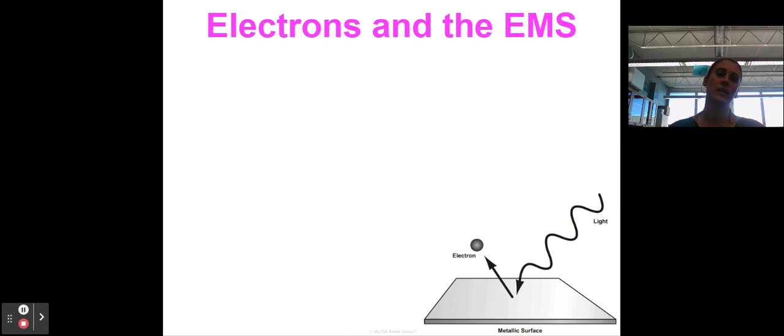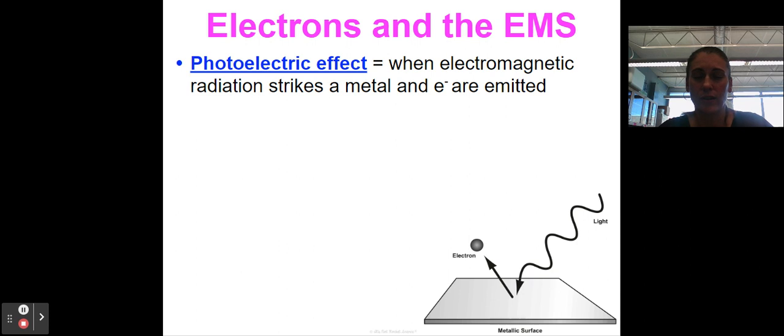All right, electrons and the EMS. So how does this have to do with anything? Well, first of all, this is quite complicated, and so we're making it as simple as possible, but we have something called the photoelectric effect.